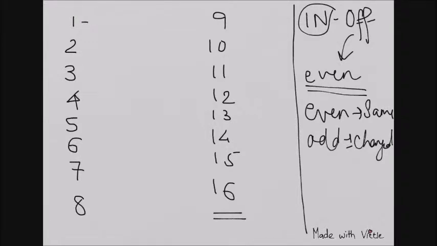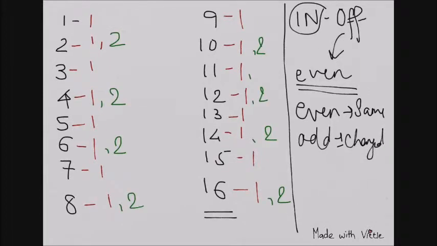So we'll see that the first person turns on each bulb, and the second person will change the position of all the even-numbered bulbs.